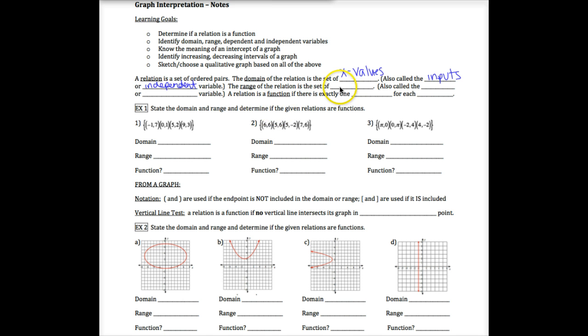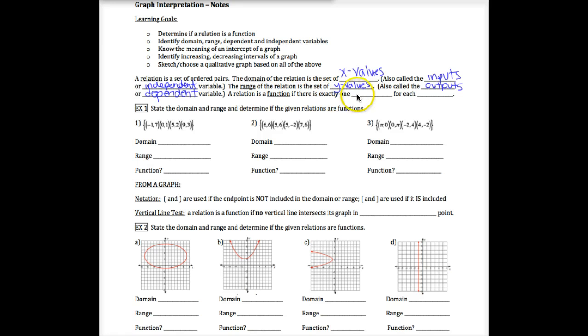The range of the relation is the set of y values. We also call y values the outputs. So what you get when you put in a certain input, we call these the dependent variable because the value of y is dependent on what value we pick for our x.